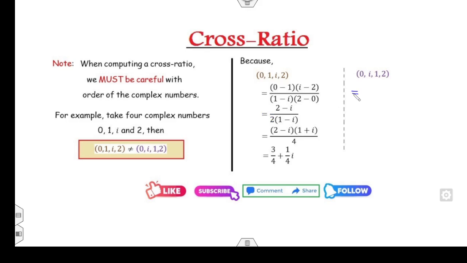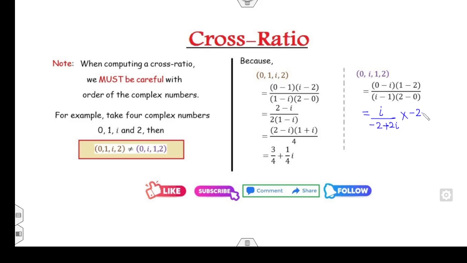Similarly, for the second part, how can you write the cross ratio? It will be 0 minus iota, iota minus 1, 1 minus 2, and 2 minus 0. Fine. So if you simplify, the numerator is minus iota, so that will be minus 1 minus iota, which gives plus iota. Divided by minus 2 plus 2 iota.